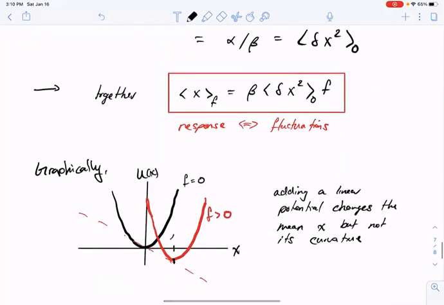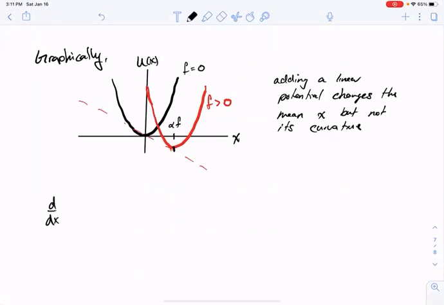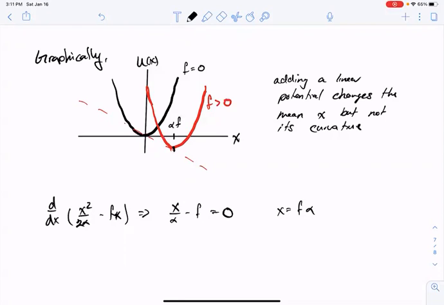In this case, at location alpha times F. Indeed, one can solve for that minima explicitly outside of the partition function calculation by just taking the derivative of the total potential, setting that equal to 0, and indeed finding that x must be alpha times F. So alpha tells you about the sensitivity of the minima to an applied force. But it also encodes the scale of fluctuations in the absence of a force.